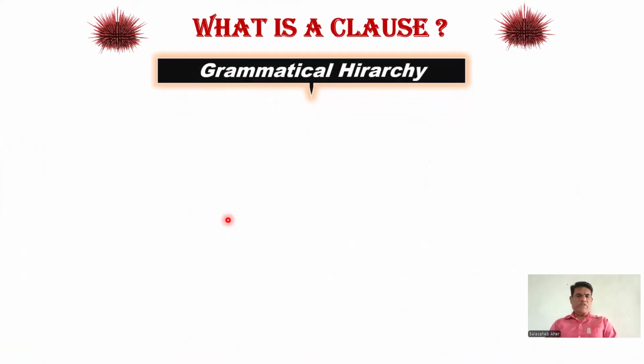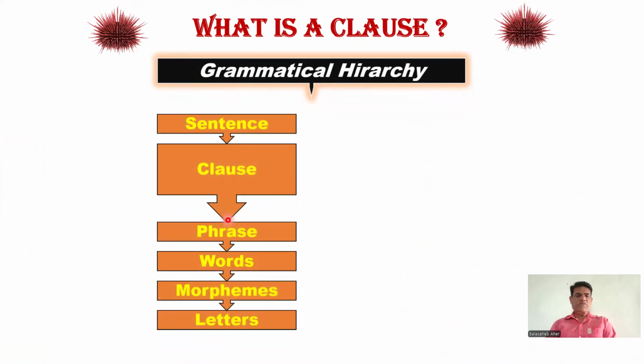In the first semester, we saw the grammatical hierarchy. We start from letters, letters make morphemes, morphemes make words, words make phrases, phrases make clauses, and then clauses make sentences, sentences make paragraphs, discourse, and then books, and so on. So our concern here is the clause.